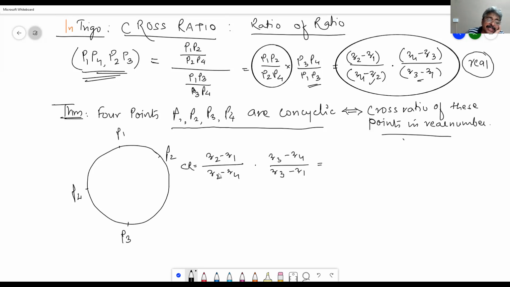So now I can visualize this as a rotator. Okay. So what is this rotator doing? It is rotating P4, P2 to become P1, P2.